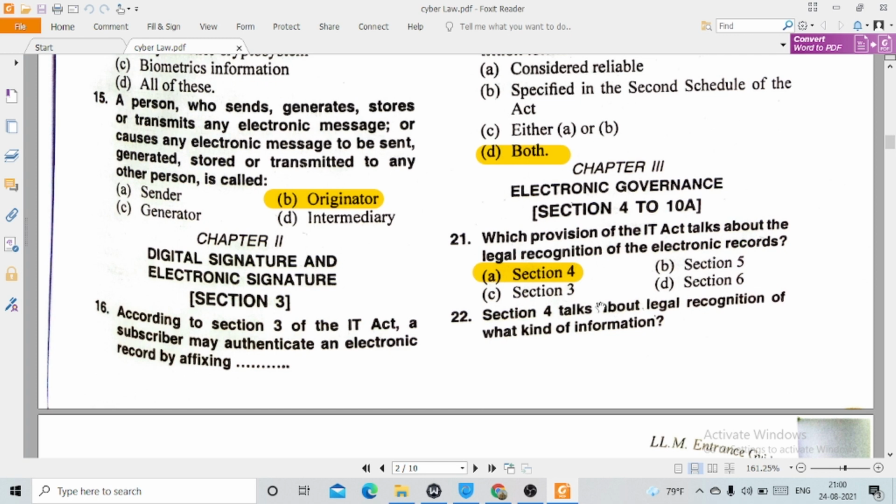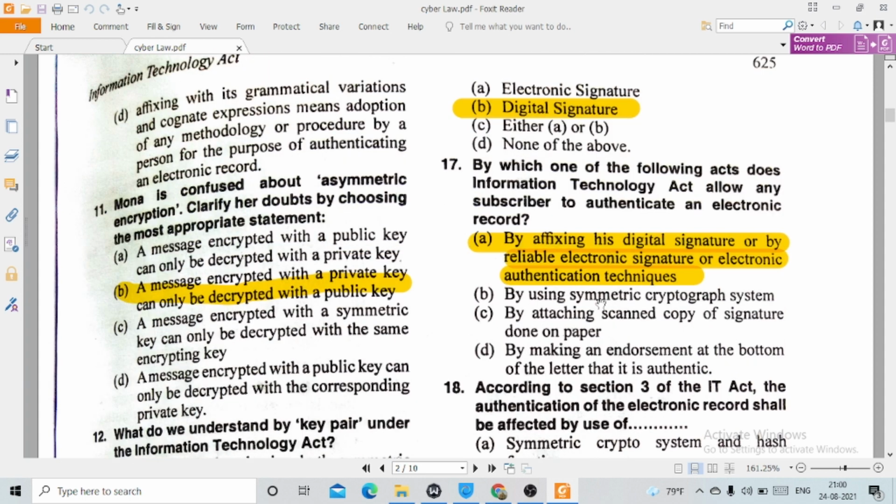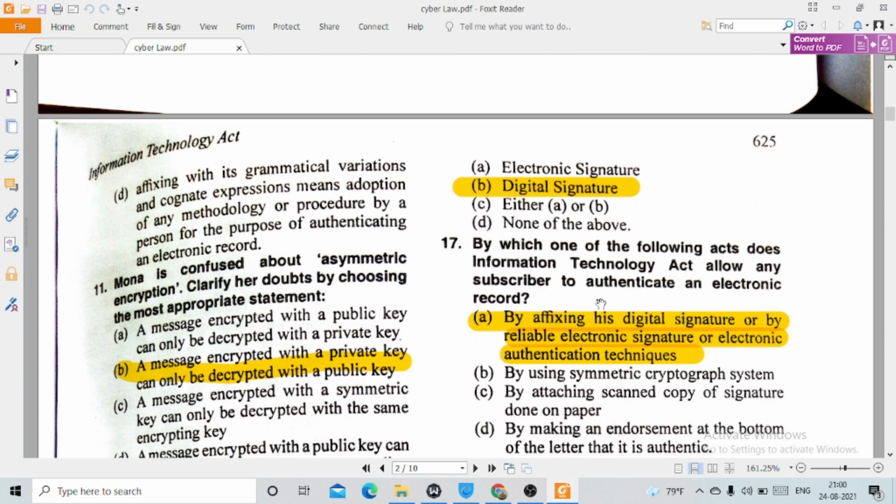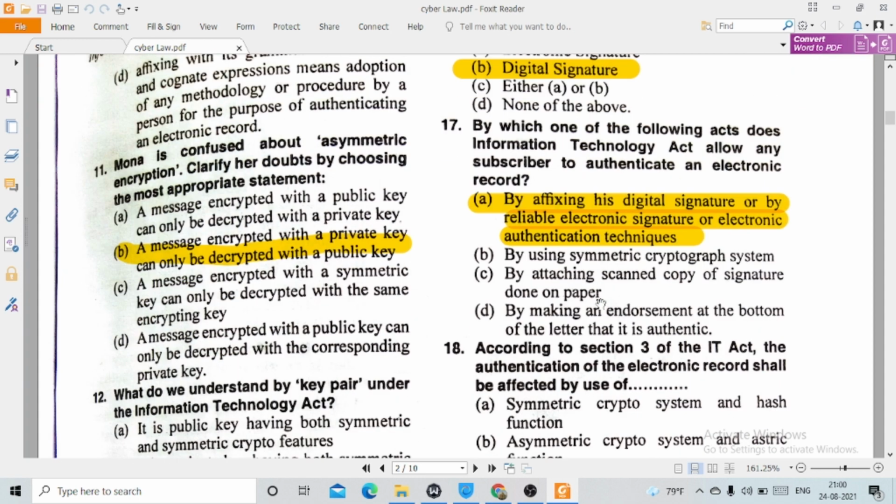Now we'll deal with questions relating to Chapter 2, which is digital signature and electronic signature, section 3. Question number 16. According to section 3 of the IT Act, a subscriber may authenticate an electronic record by affixing option B, digital signature. Question number 17.